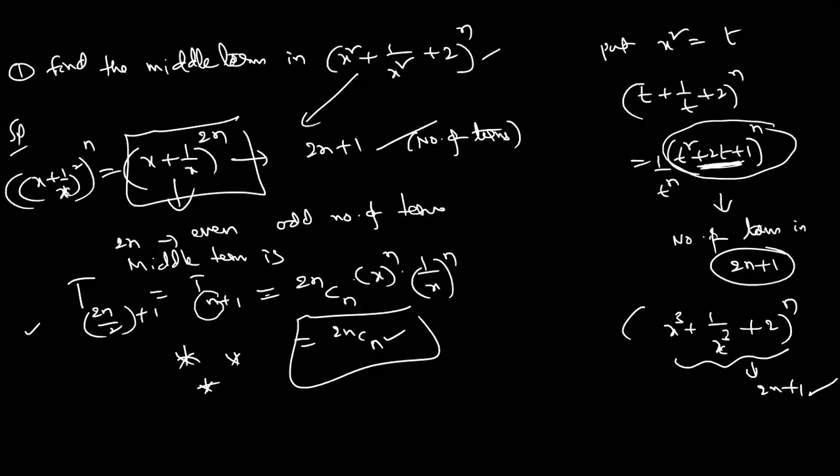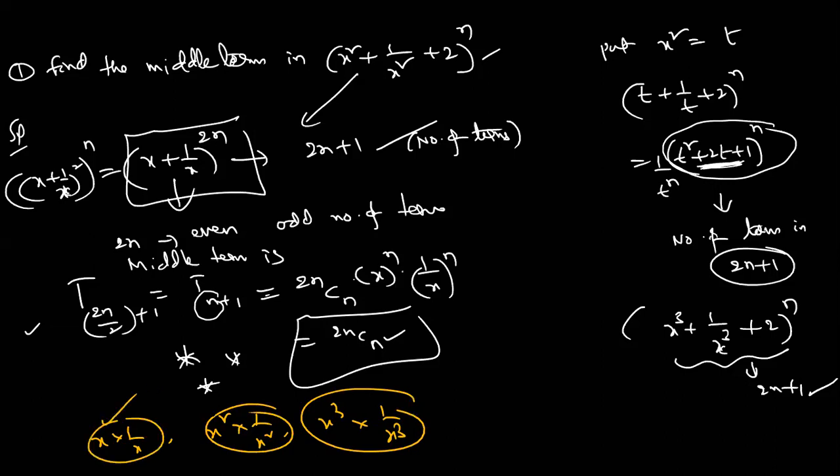You should add these constants also. Pavan, once again I'm giving clarity. Sometimes we are getting x into 1 by x, square into 1 by square, cube into 1 by cube. So these are all the same because they are constants. Suppose 1 plus 2 plus 5 should be considered as only one term.